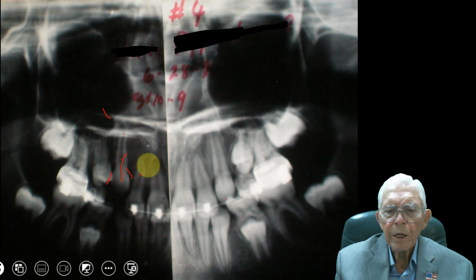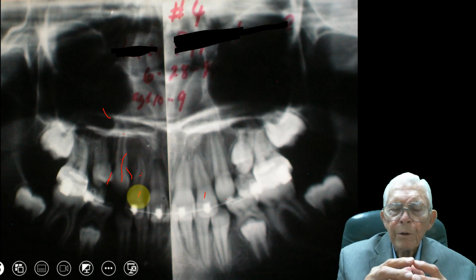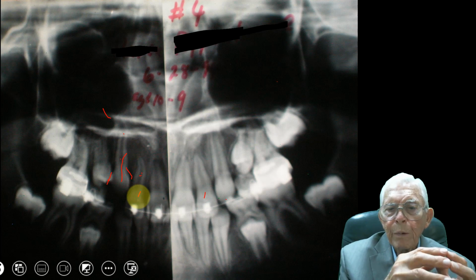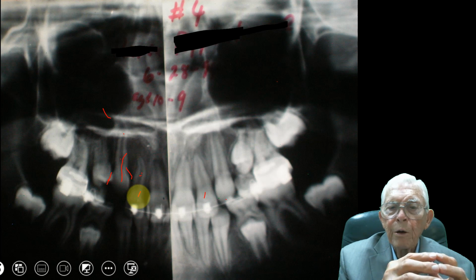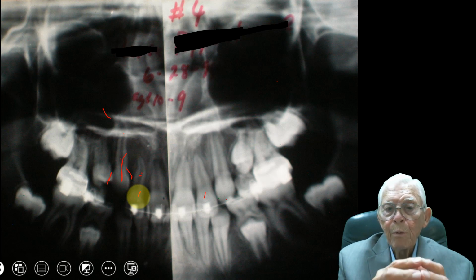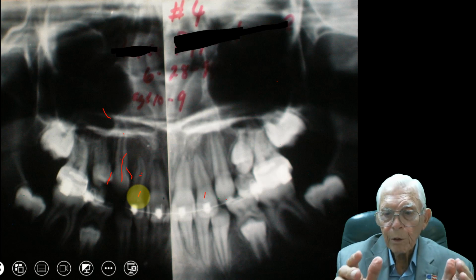Now, this young lady had a large tooth. Look at the size of these laterals. Somewhere in here, one of the parents has bigger teeth than the other one, and this young lady inherited the large tooth, but she has a smaller facial structure in here. And so the teeth are very crowded in that situation, and it is better to remove them.